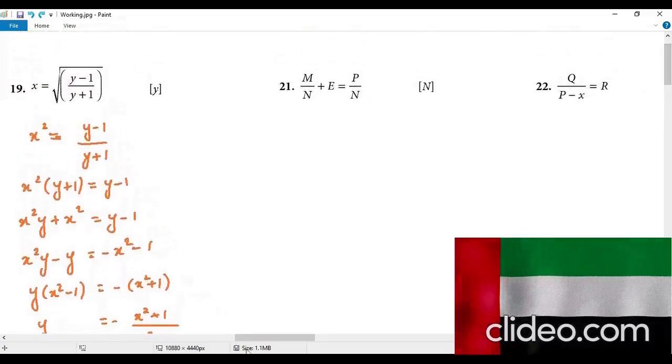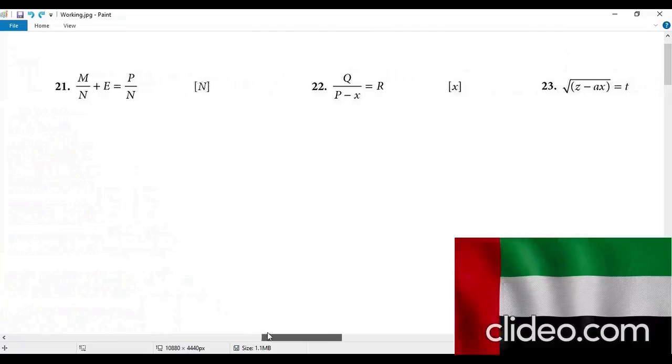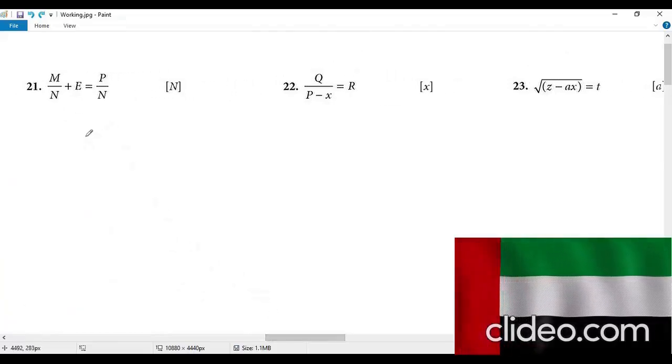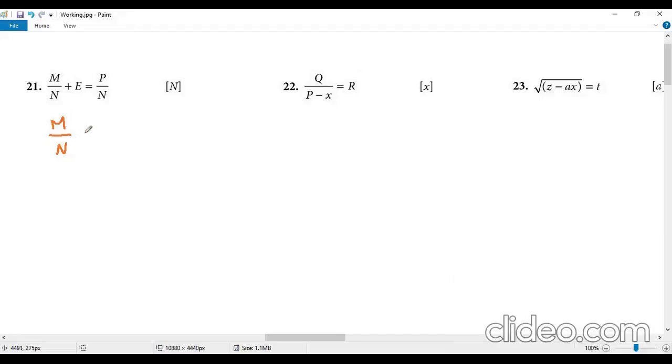Taking you to the next question. Question number 21. In here, capital N is the subject. So I will write m over n minus p over n equals e, negative e.